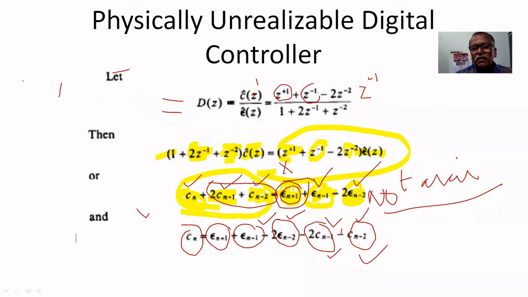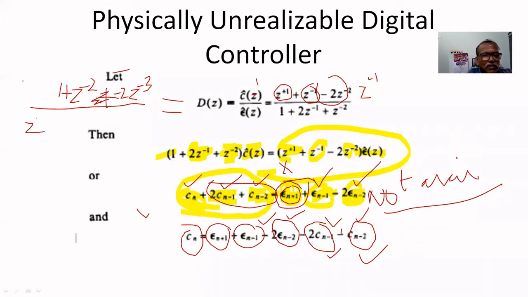Then if you multiply this, you get plus z power -2, and minus 2 z power -3, sorry, because we are multiplying the numerator and denominator by z power -1. So here z power -1 plus 2 z power -2 plus z power -3.